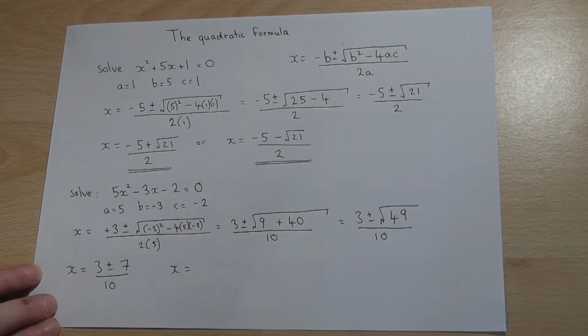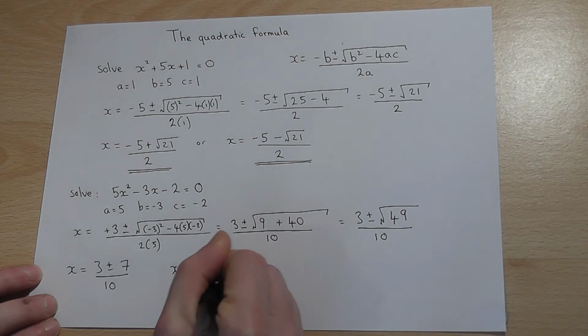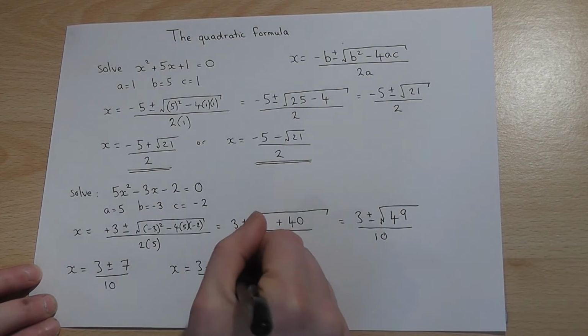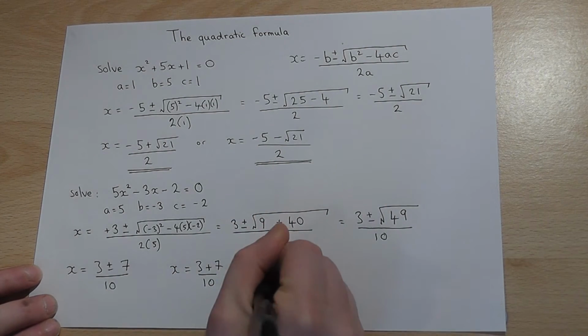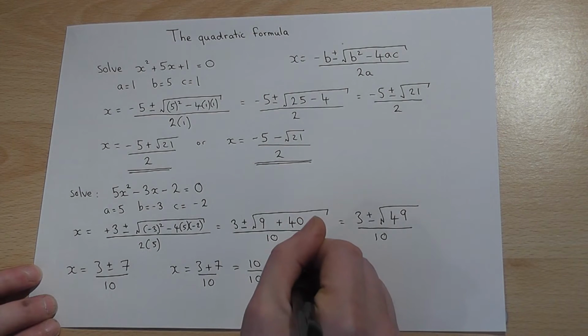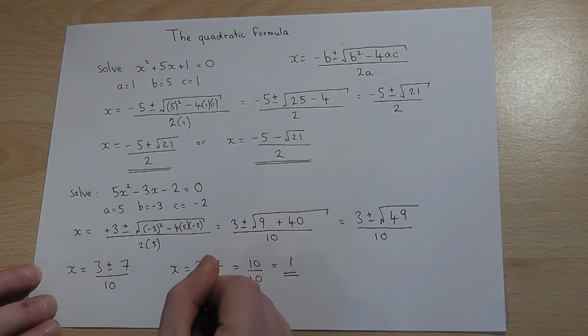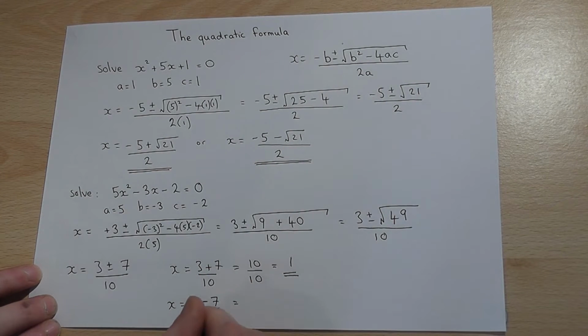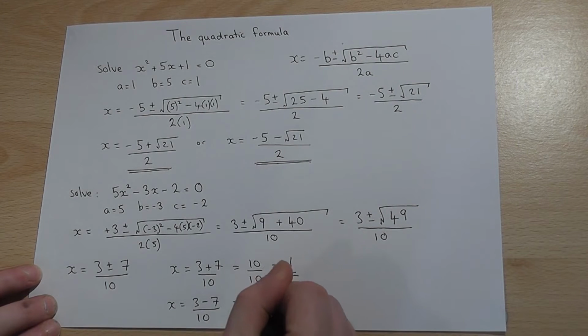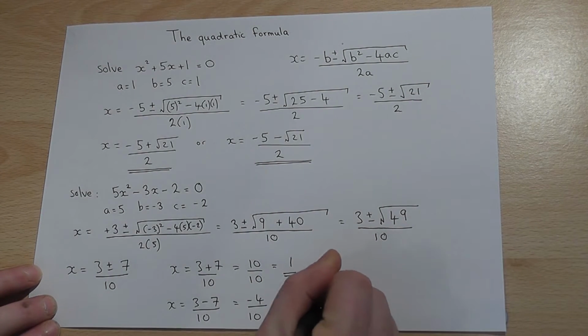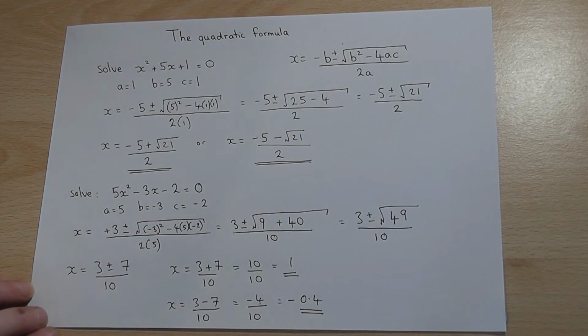X is either 3 plus 7 over 10, 3 plus 7 is 10, 10 over 10, which equals 1. Or x equals 3 take away 7, all over 10. 3 take 7 is minus 4, all over 10, which equals minus 0.4. And these are the two solutions to the equation there.